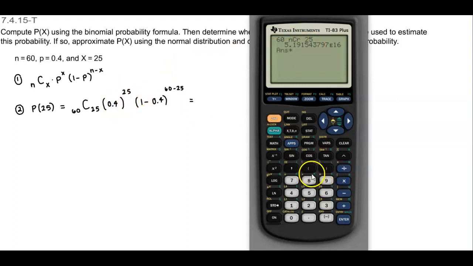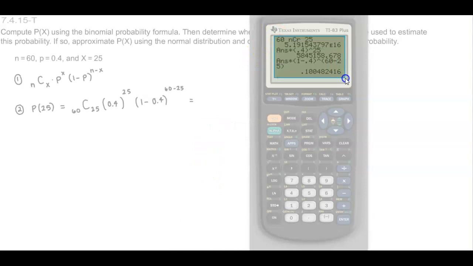Then we multiply by, in parentheses, 1 minus 0.4, raised to the power of 60 minus 25. Close the parentheses, and then we get the following.